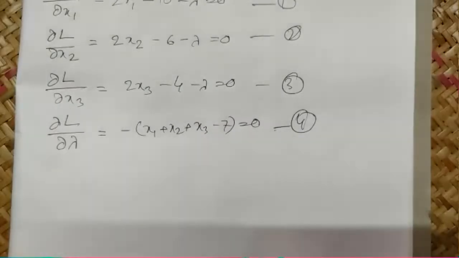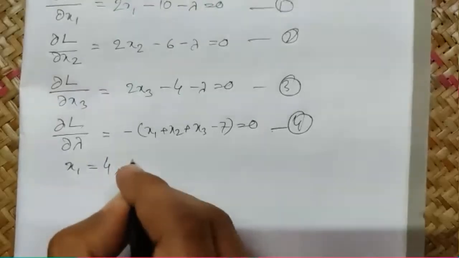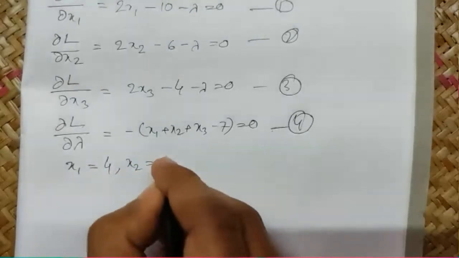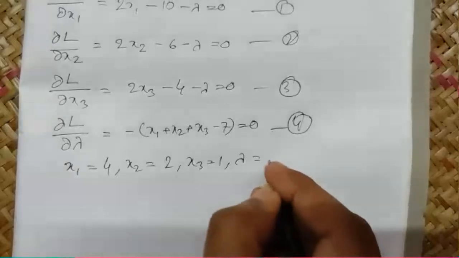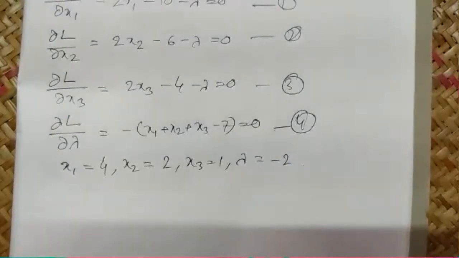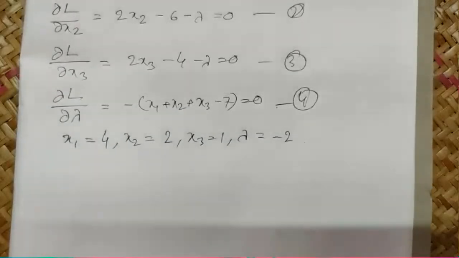Upon solving these 4 equations, we get x1 is equal to 4, x2 is equal to 2, x3 is equal to 1, lambda is equal to minus 2. So we have got an extreme point where the values of the variables are 4, 2, 1 and lambda is minus 2.